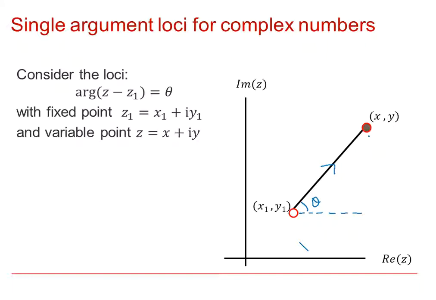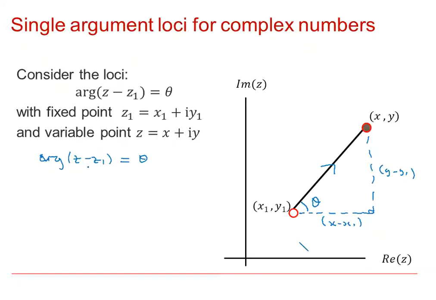So if I just complete this triangle, just for reference, you can see this vertical side is y minus y1 and this horizontal side is x minus x1. So if we now think about this argument again, the argument of z minus z1 equals theta.